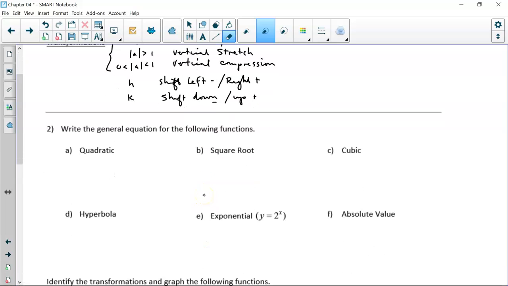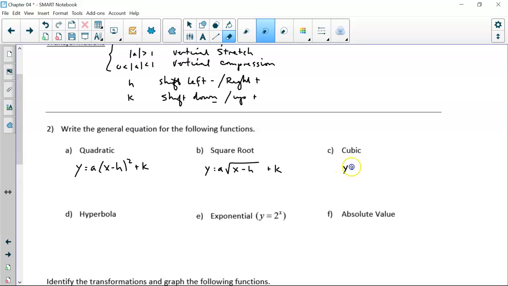The general form of a quadratic is y equals a times the quantity x minus h squared plus k. The standard form of a square root function is y equals a times the square root of x minus h, plus k. Notice how h is in the parentheses for one and under the square root for the other. The h is always inside the function and k is always hanging outside.